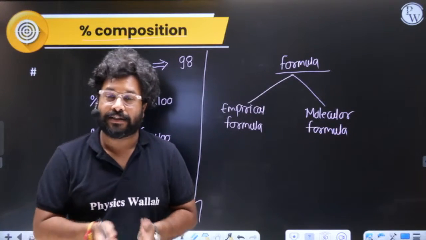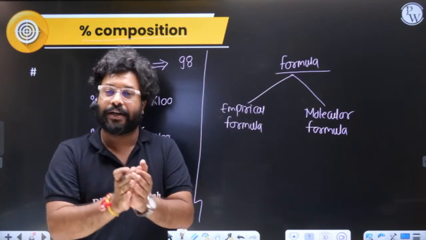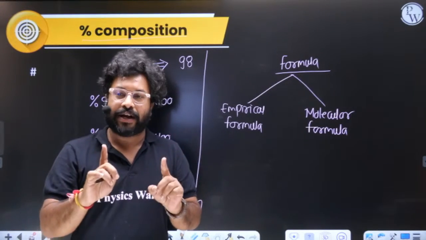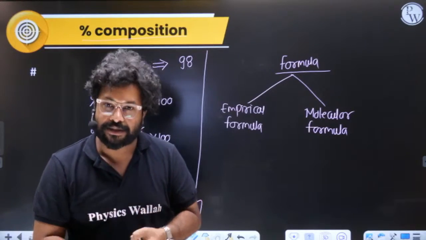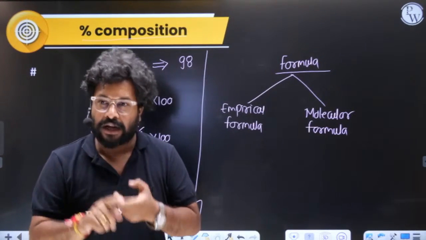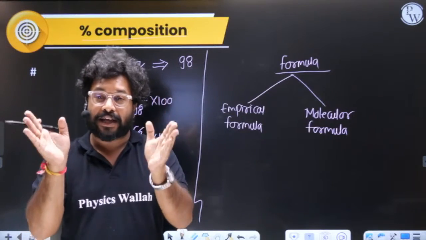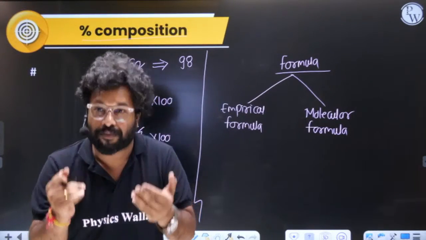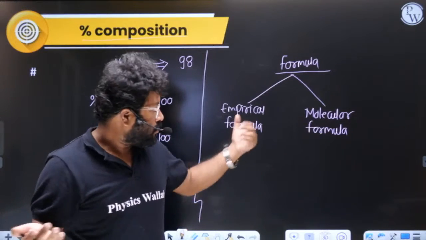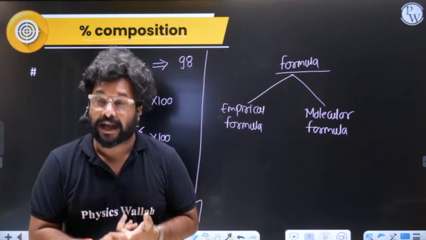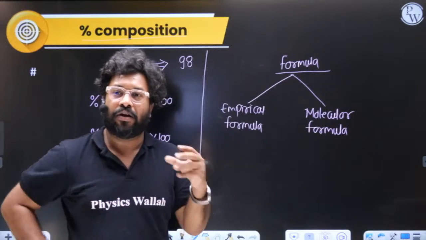Empirical formula is the simplest ratio of number of atoms present in a given molecule or compound. Molecular formula is the actual ratio of number of atoms present in a given molecule or compound.